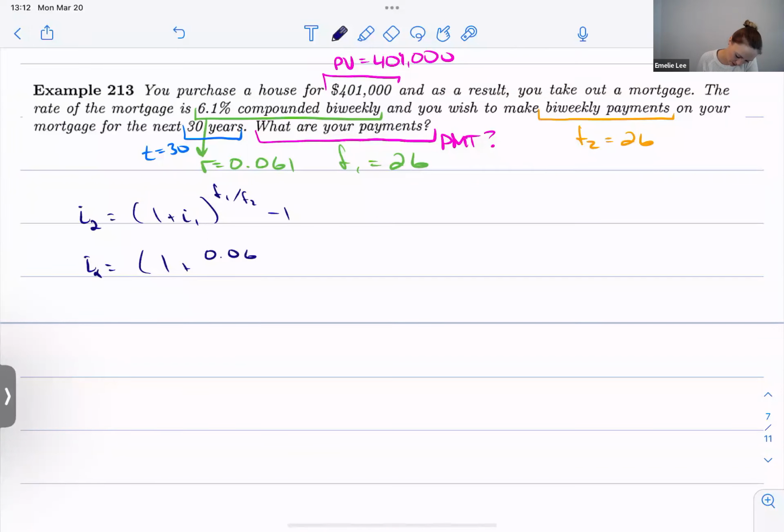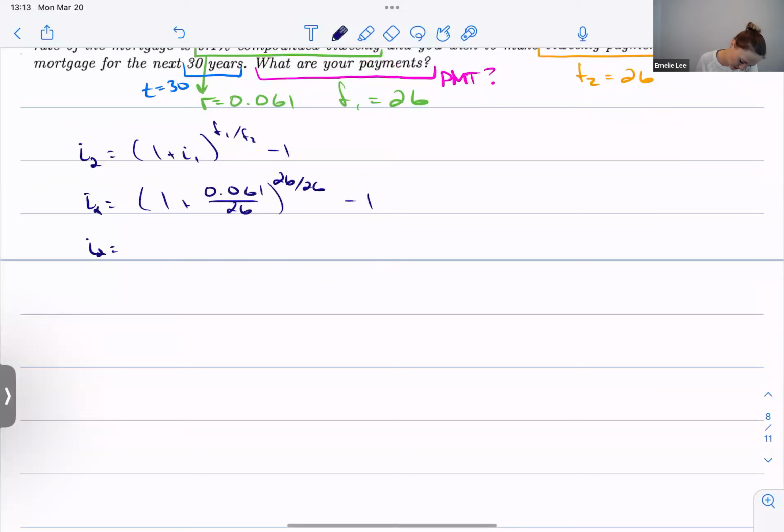So 1 plus 0.061 divided by 26, to the power of 26 divided by 26, minus 1. 26 over 26 is to the power of 1, so nothing happens there. This 1 and this minus 1 cancel, and so we get I2 is 0.061 divided by 26.